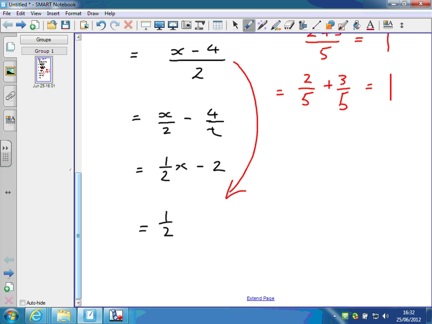So this is a half of x minus 4. But you could just as validly write it like that, a half x minus 2. And in fact, you might want it to be written like that. So there's just another way of writing the answer.